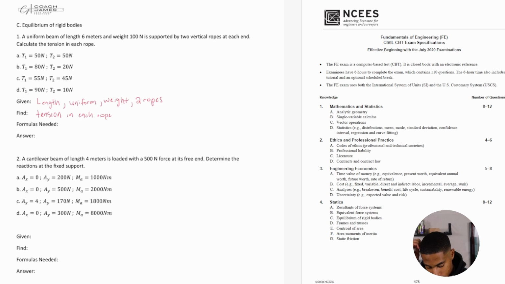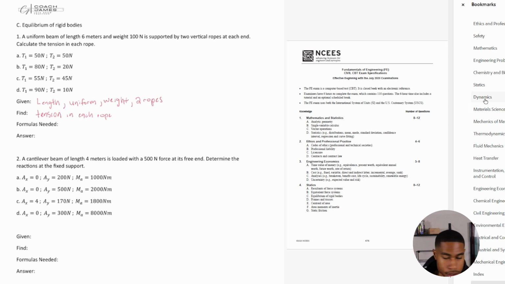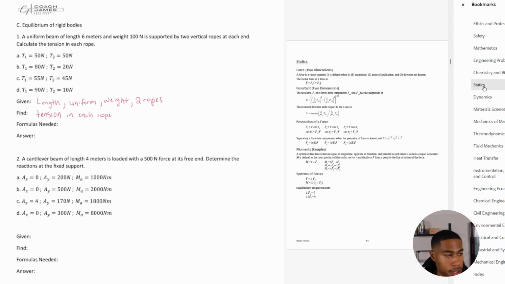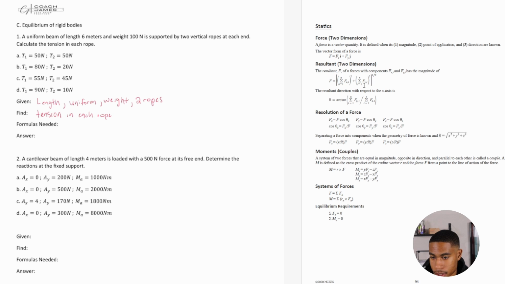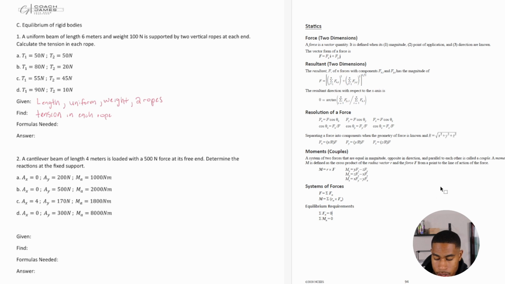All right. So what are some of the formulas that we need? Well, to start, let's get into the statics section. I'm just going over to my bookmarks, hitting statics, which brings me to the section that I need to be in. And for this particular one, we are going to need the sum of the forces, right?